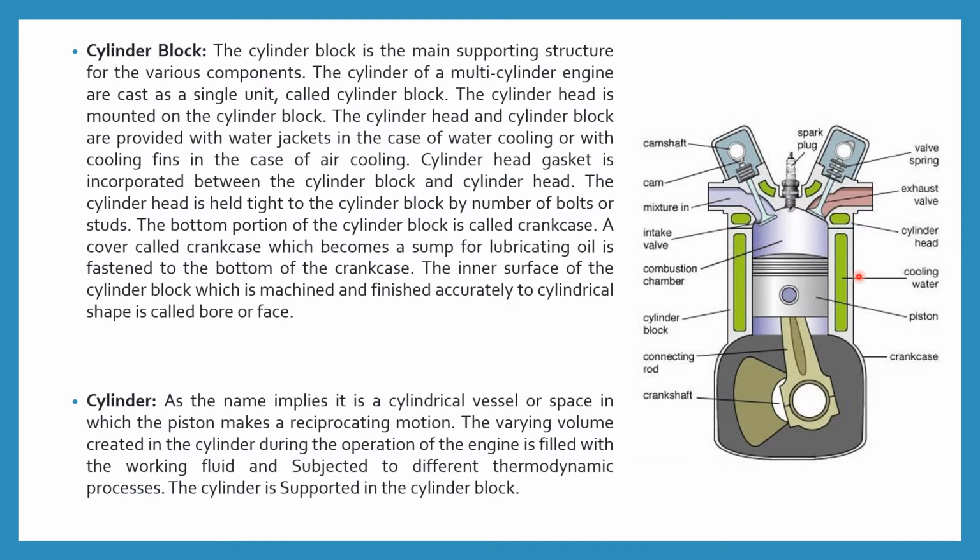The bottom portion of the cylinder block is called the crankcase. A cover called the oil pan becomes a sump for the lubricating oil, which is fastened to the bottom of the crankcase.